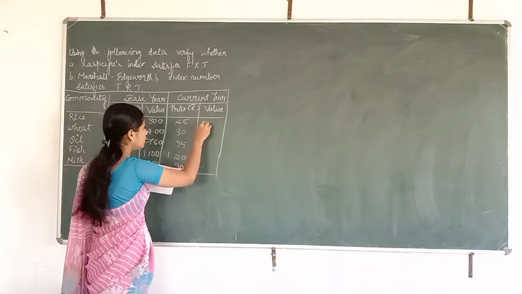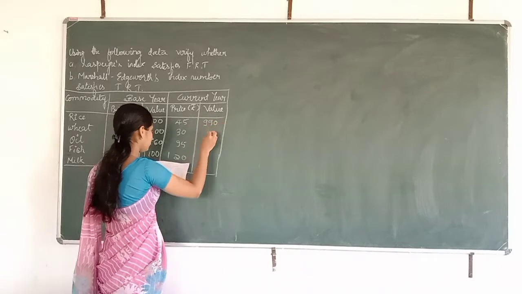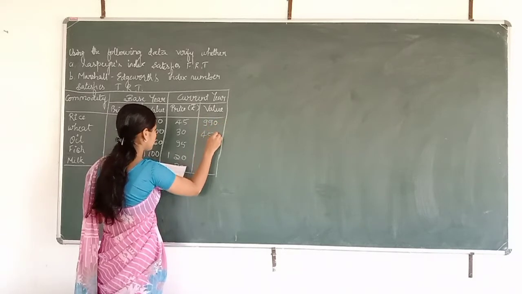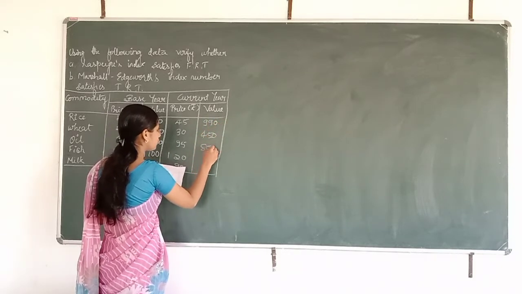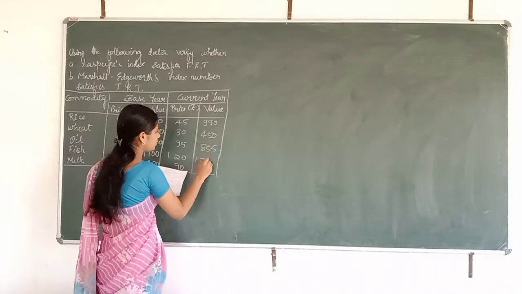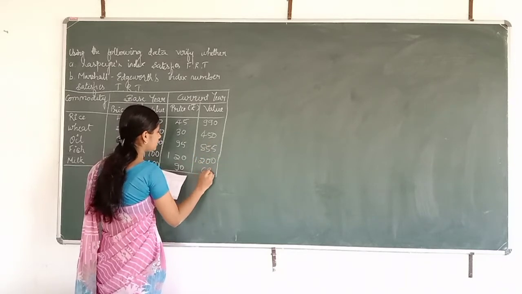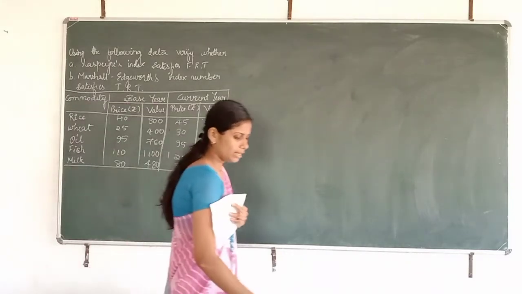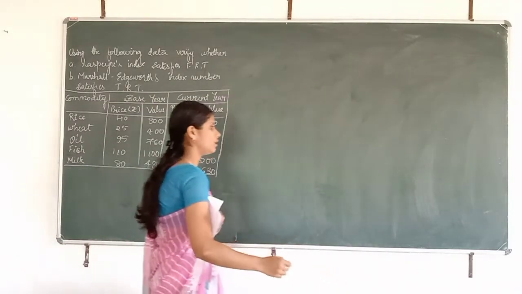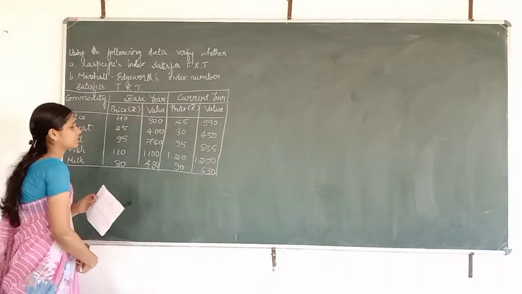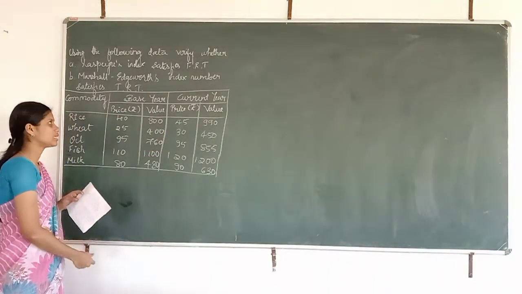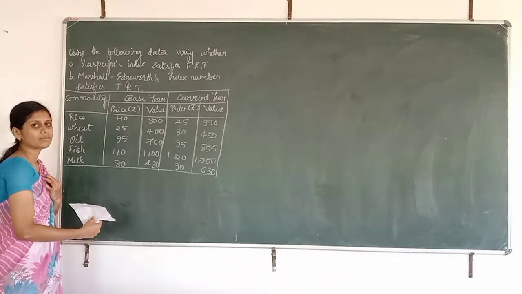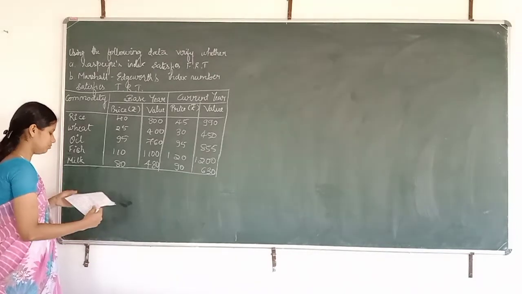Then values 990, 450, 855, 1200 and 630. So this is the information given to us. Now we have to find out whether Laspeyres' index number satisfies FRT and Marshall-Edgeworth index number satisfies the time reversal test.